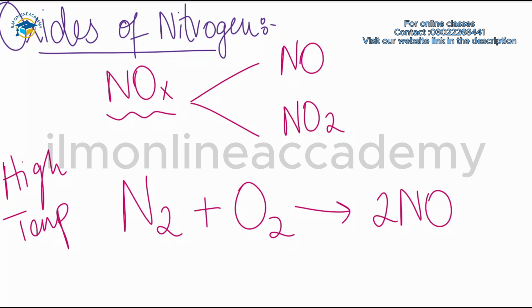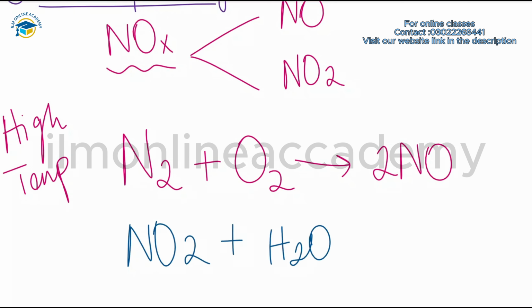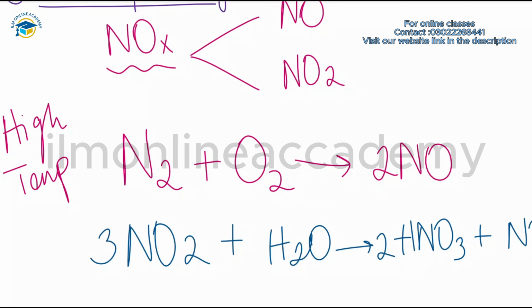For example, nitrogen dioxide reacts with the water or moisture present in the air and forms nitric acid, HNO3, plus nitrogen monoxide. This is the balanced equation, and you can see here the formation of acid rain.